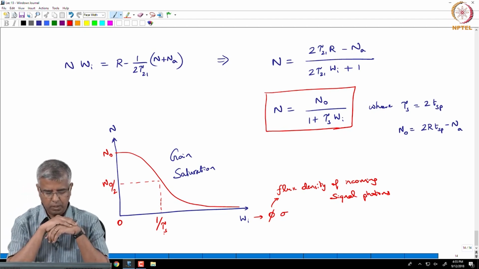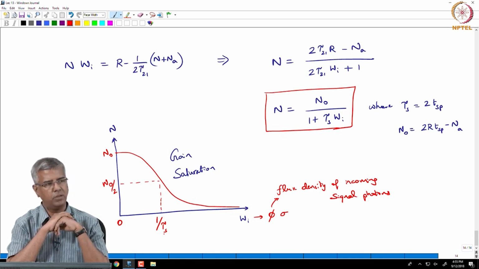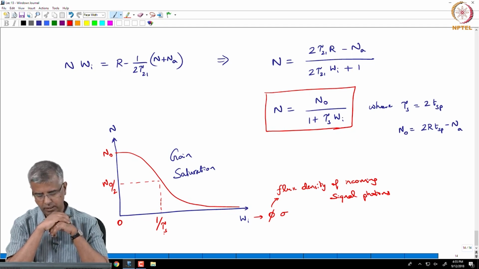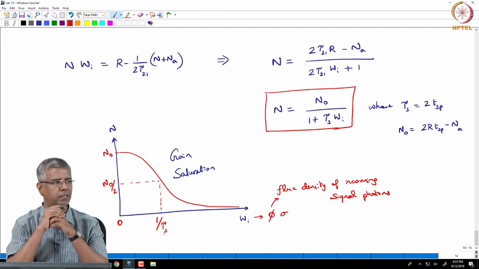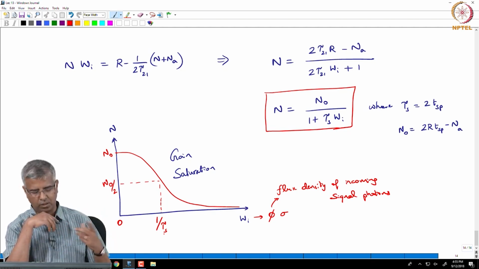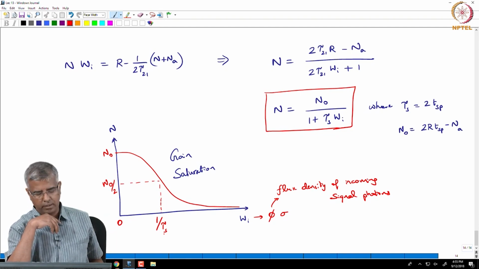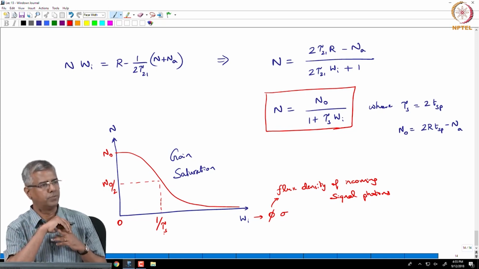And what happens as you go to higher and higher values of signal flux density is that your stimulated absorption and stimulated emission terms dominate. So, essentially they have equal probability, in which case the gain essentially goes to 0.